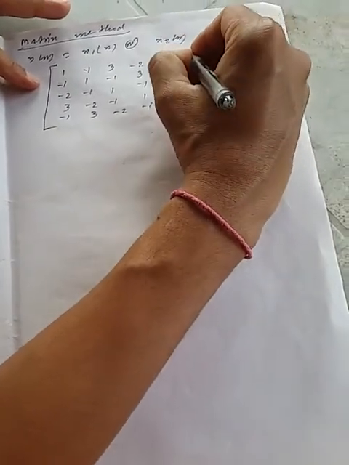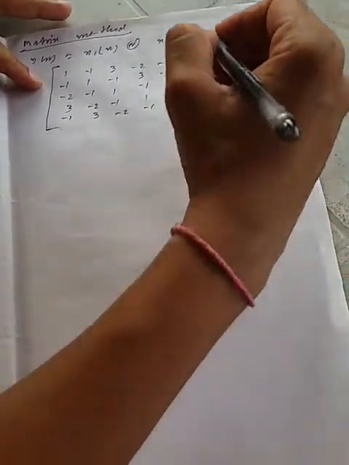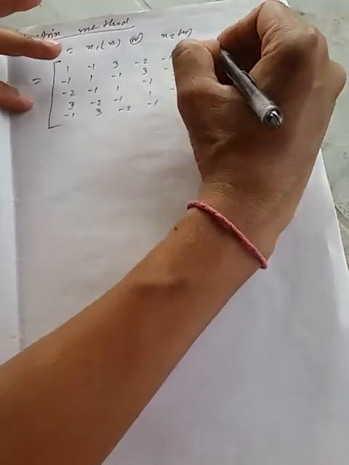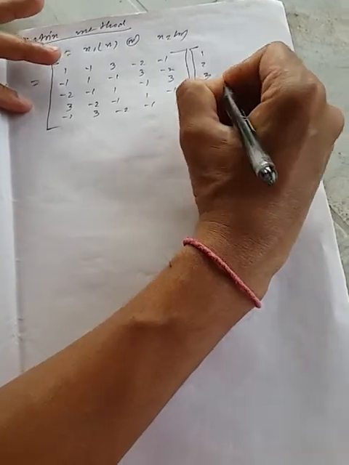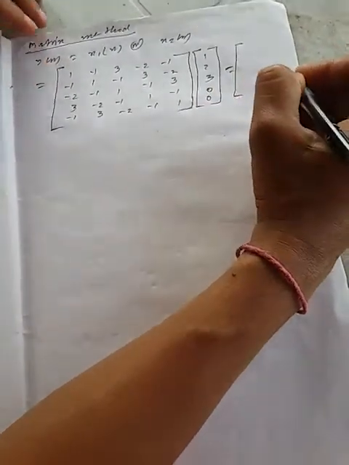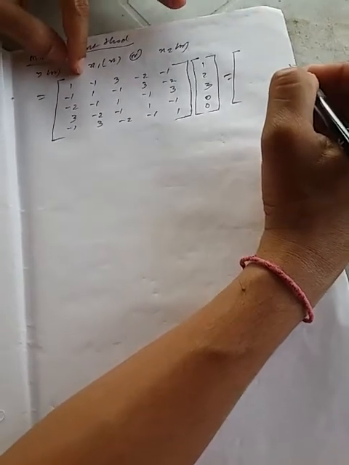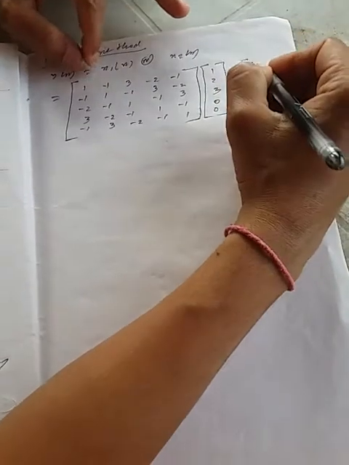So this is the end, and x2[n], after appending two zeros, becomes 1, 2, 3, 0 and 0. Just multiply these two matrices. Then it will become 1 + 1 - 2 + 9, so it will become 8.